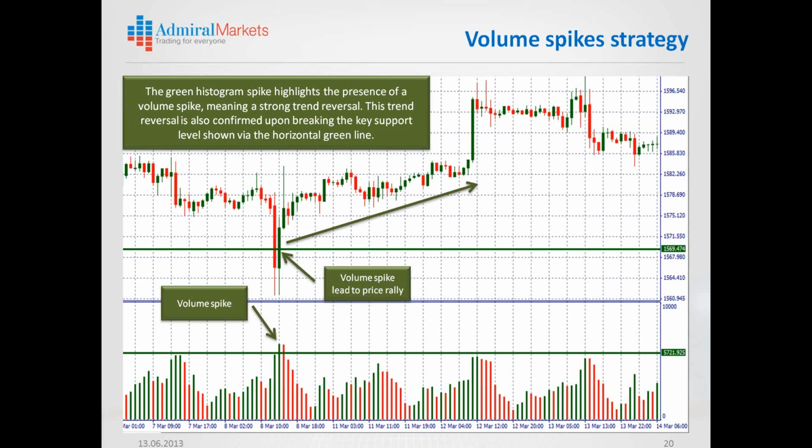So the green histogram spike, we have that as a fake spike, and the pivot point has been broken to the downside. But you can see that volume spike above that level marked on the VSA indicator. When you Google for VSA indicator, you will usually have this level already on the chart.